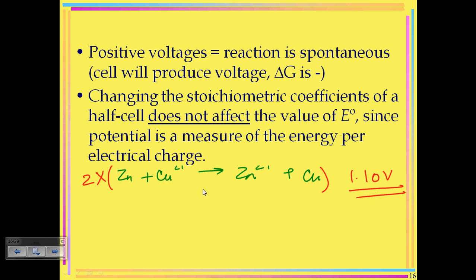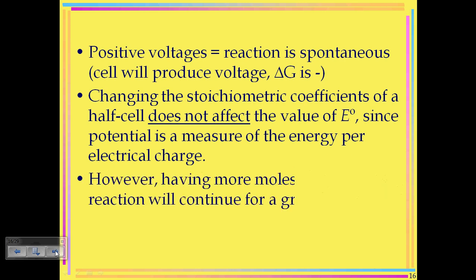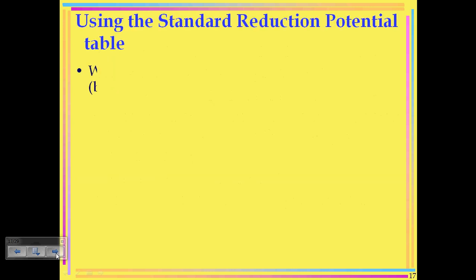So as you double it, the charge doubles as well, so the ratio remains constant. Unlike delta H or delta G, where if you double a reaction, the value doubles, here you may double a reaction, but the value does not double. This is very important because we'll be using it towards the end of the chapter, so don't forget this. However, if you have more moles, it means the reaction will go for a longer time before it runs out.